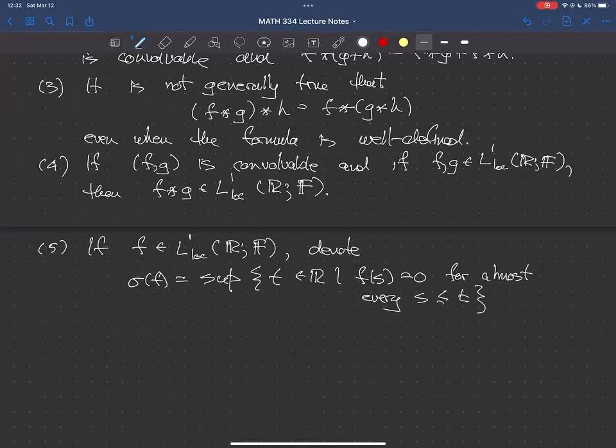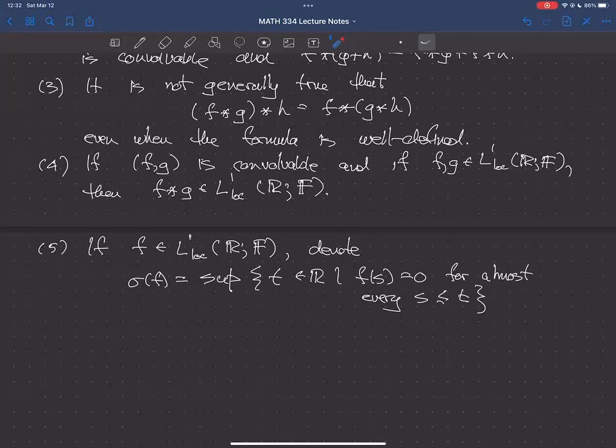Okay, so the idea is, you take a t, ask if to the left of t, f is almost everywhere 0. Okay, so then you include t in the list of things you're going to sup over, and then you sup over that. Okay.